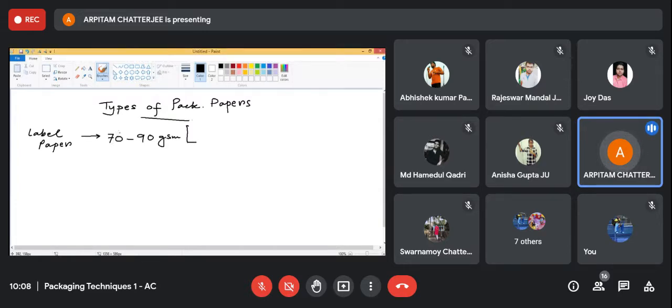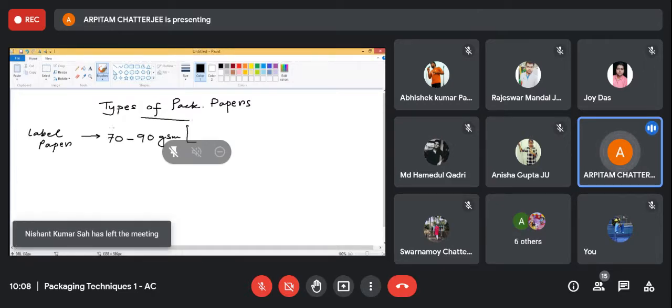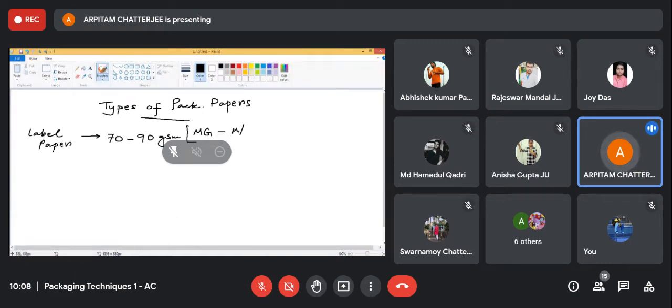And it has different kinds of variants also. That means it is not that label paper is only of one type. There are different types of label paper. Some which are very commonly used: one is called MG. MG stands for machine gloss.